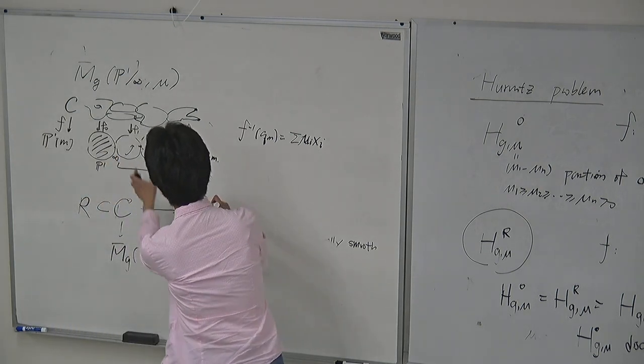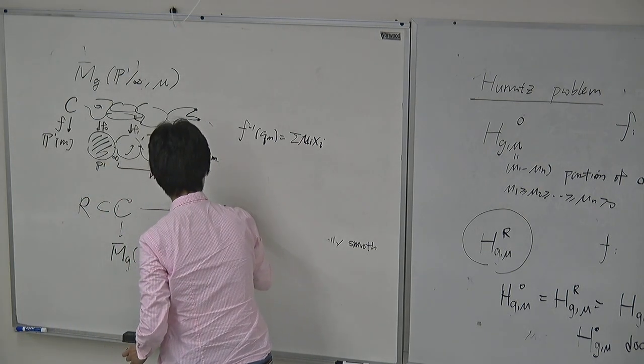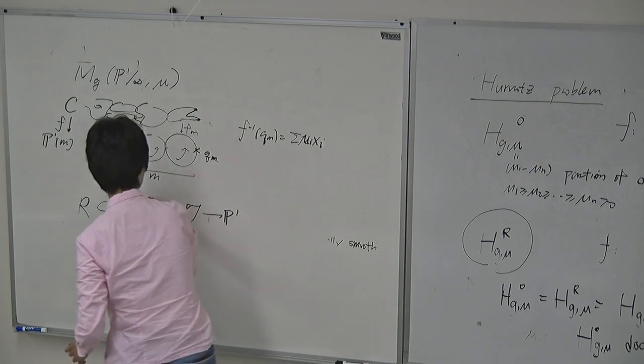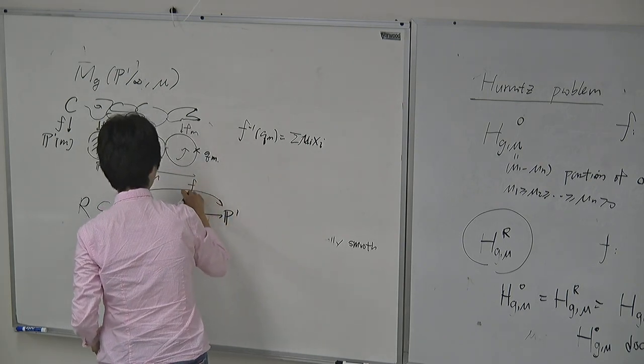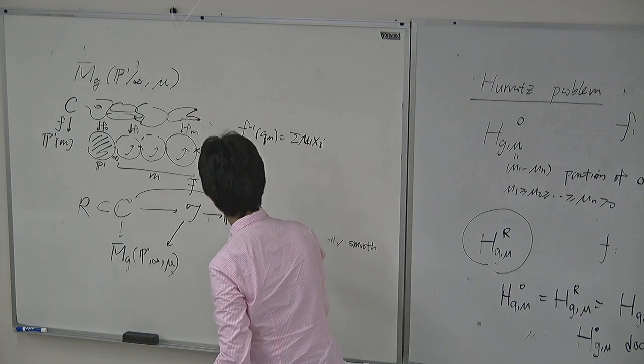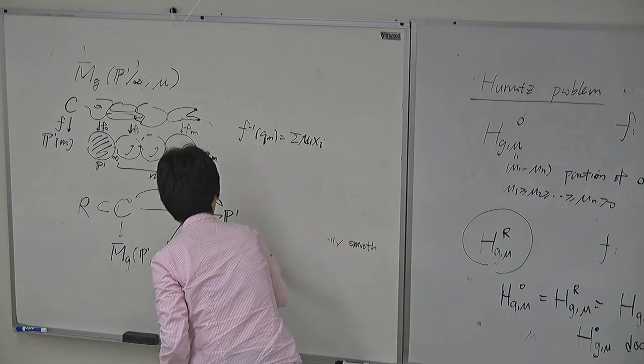This universal copy can get a contraction to P1, and let's call this F tilde.